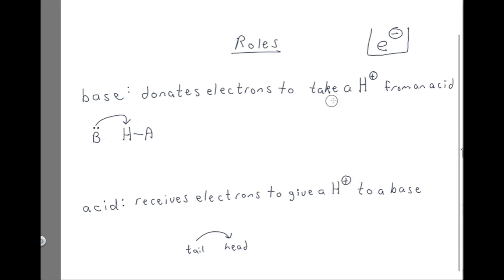Because remember, the base is taking the proton from the acid. So this is a good way to draw the electron-pushing arrow for a base. The arrow goes from the base to the proton attached to the acid. In a way, this should seem very simple and straightforward, but my experience is that most students have a really hard time drawing this electron-pushing arrow. So make sure you understand why this is the correct electron-pushing arrow for a base.